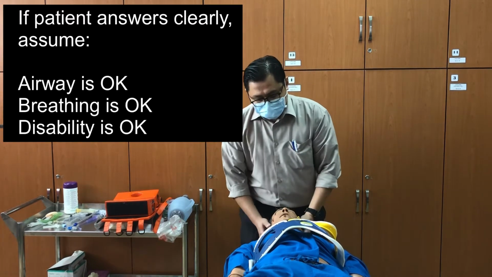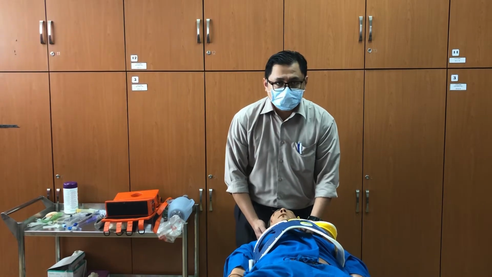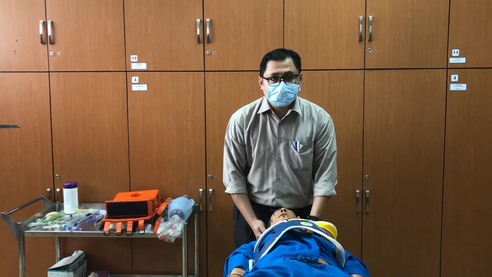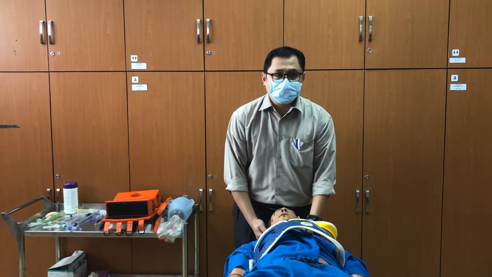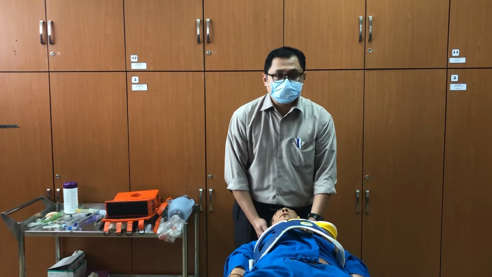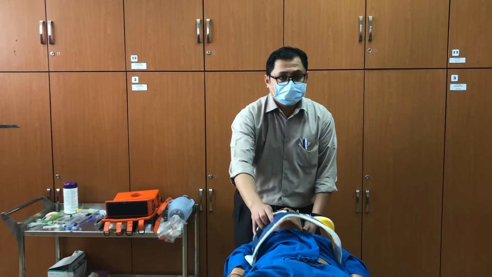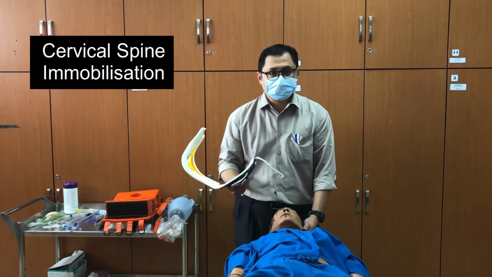So if the patient is able to answer your question, we can say the airway is protected and maintained. Next, during this airway assessment, you also need to do one procedure, which is cervical collar application.